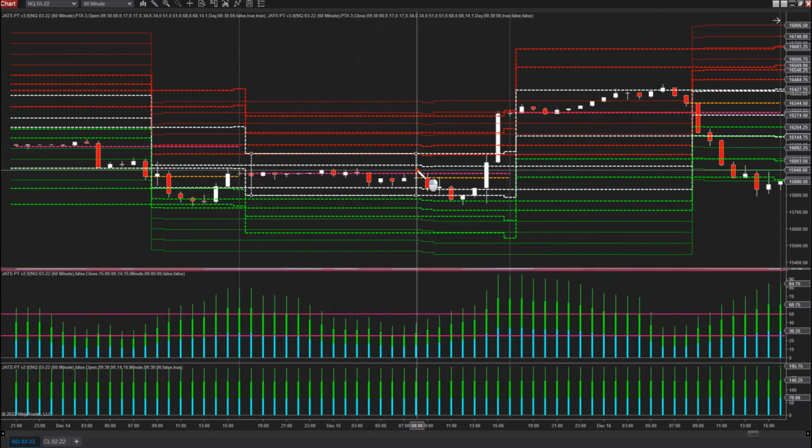So if you're inside the box, you're just getting the overlap up and down. You want to wait for it to go out to your targets.